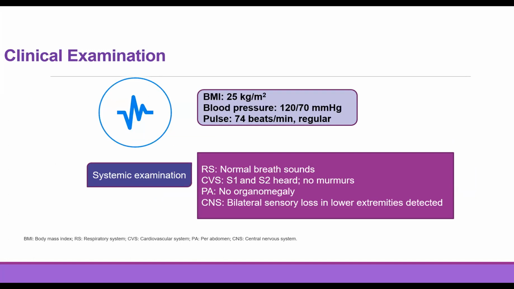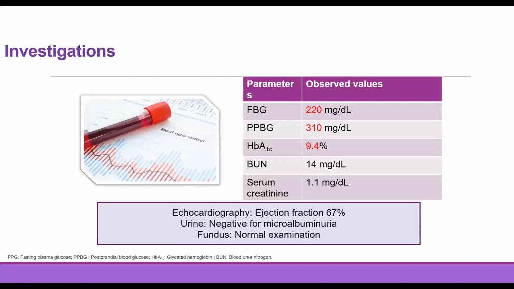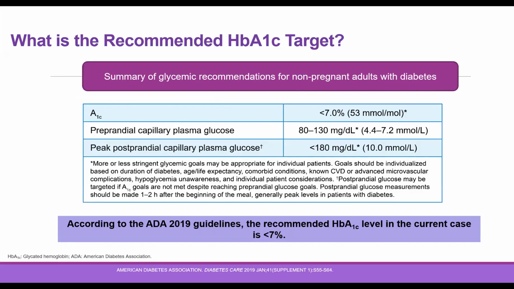Heart sounds are normal, but with a bilateral sensory loss in the lower extremity, the patient has peripheral neuropathy. Now, fasting was 220, PP 310, A1c 9.4, ejection fraction 67, no microalbuminuria, fundus normal. So this patient has a very high glucose with A1c more than 9%, and therefore the patient should be on insulin.